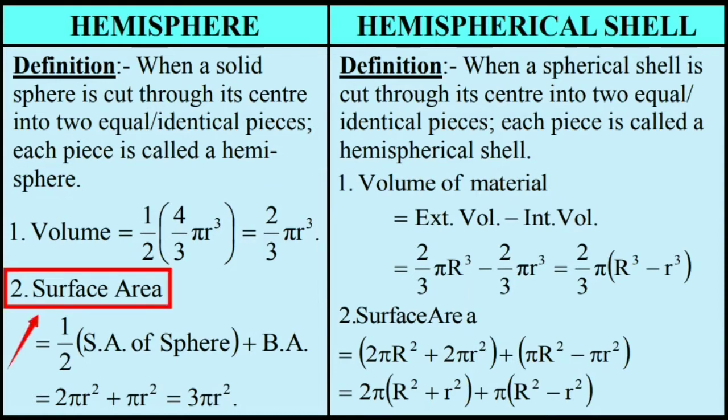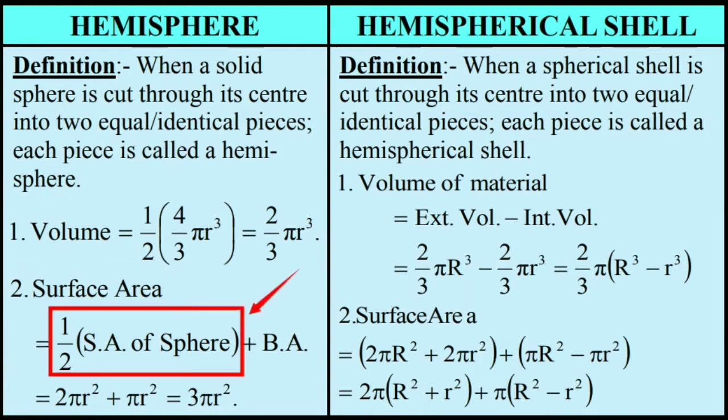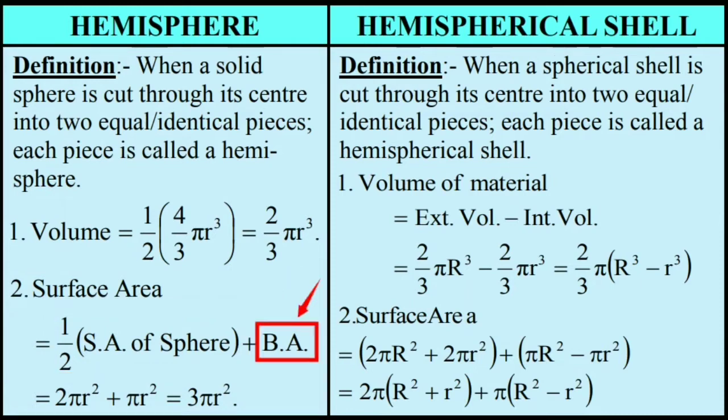Next is surface area. As we know, in case of a sphere, the total surface area is curved. But when it is cut into two equal halves, each half becomes a hemisphere and a new circular plane area is created. Therefore, surface area of a hemisphere is half the curved surface area of the sphere plus the newly created circular area, and that is called base area.